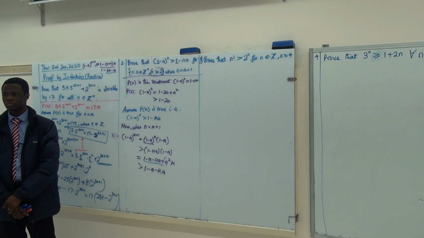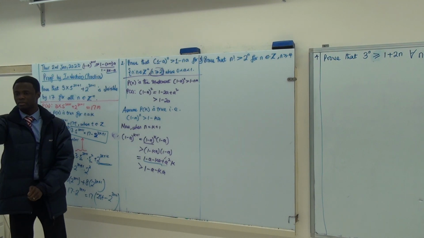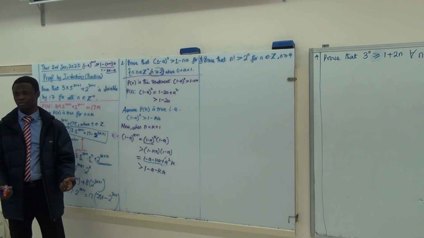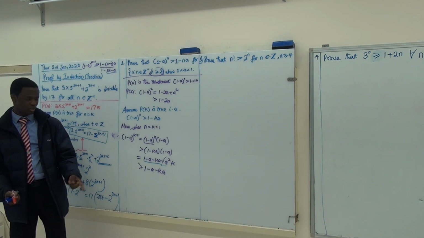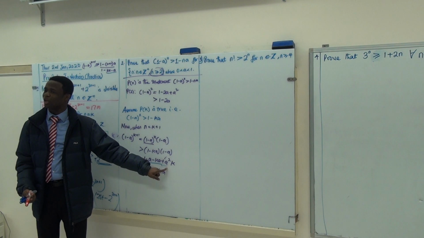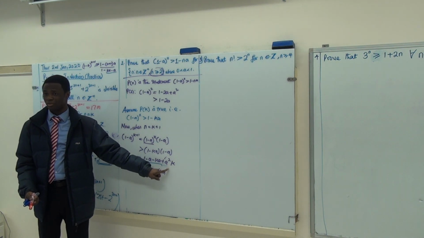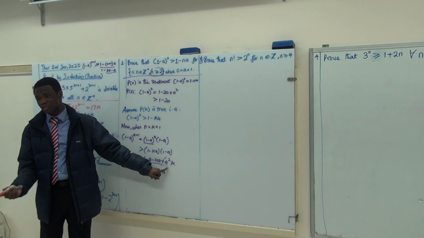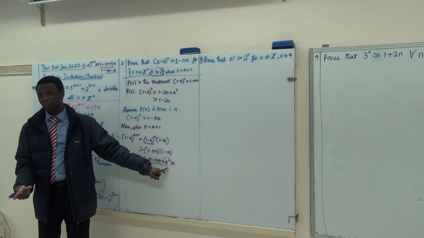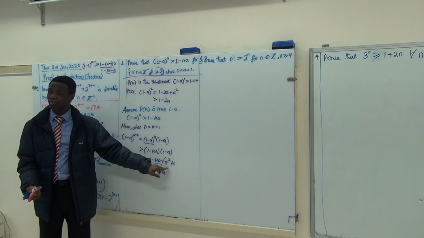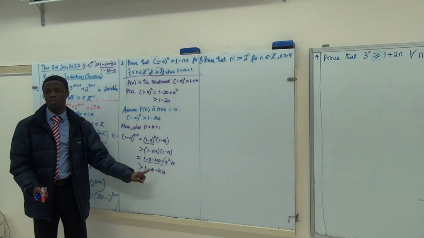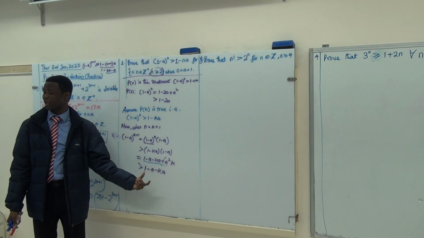Speak louder. I'm adding a positive. This term that is being ignored is positive. k is positive. a squared is positive. The product of positive and positive is positive. So when you add a positive term, it's definitely greater than when you do not add the positive term. That's what we are talking about.